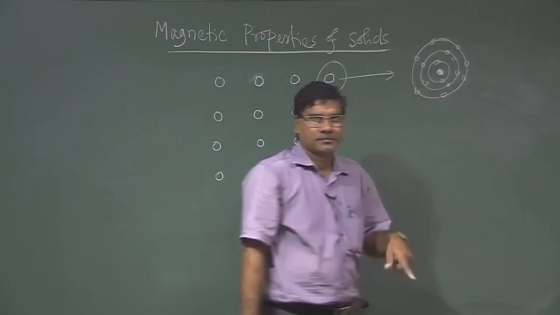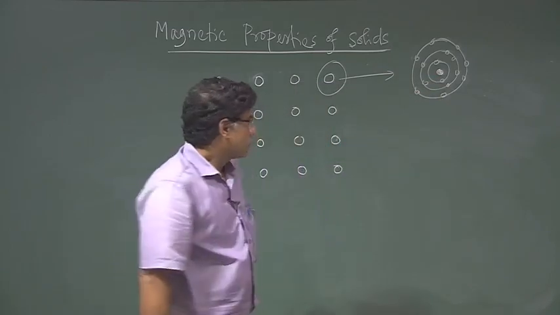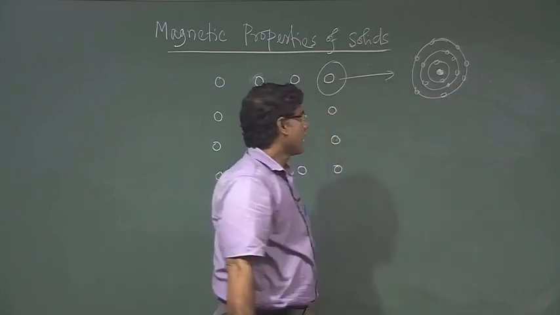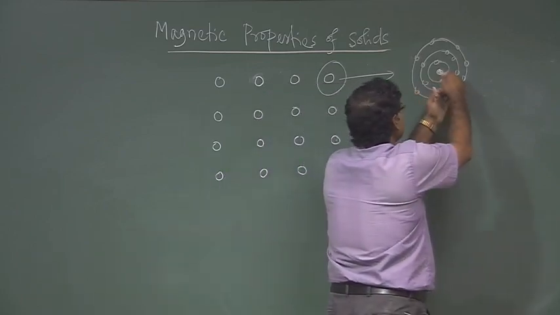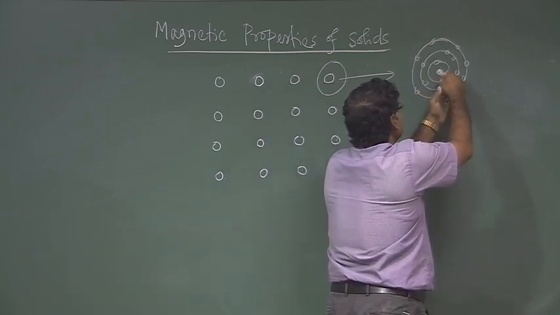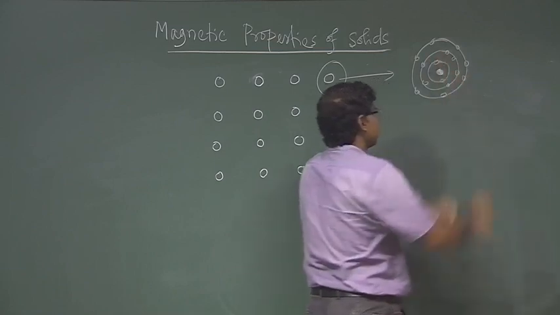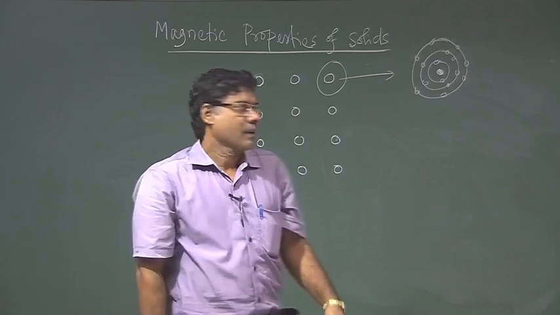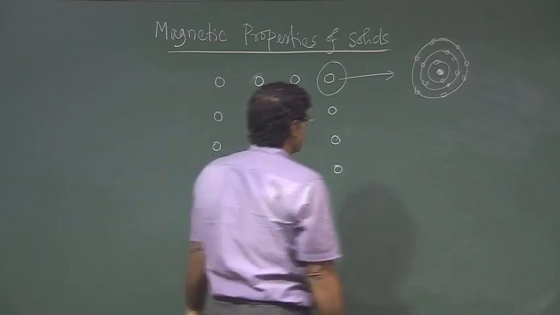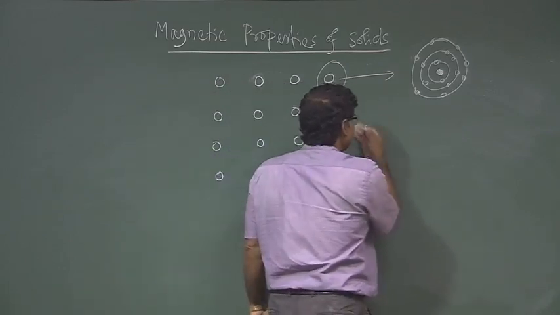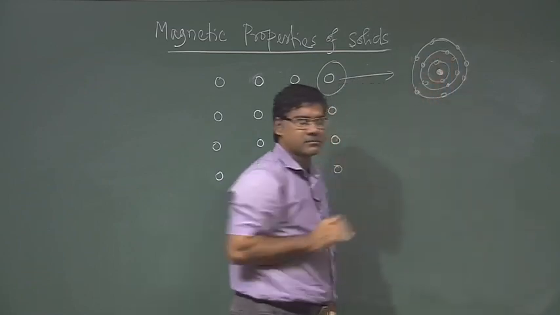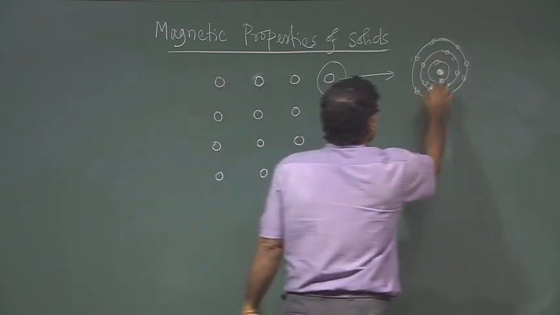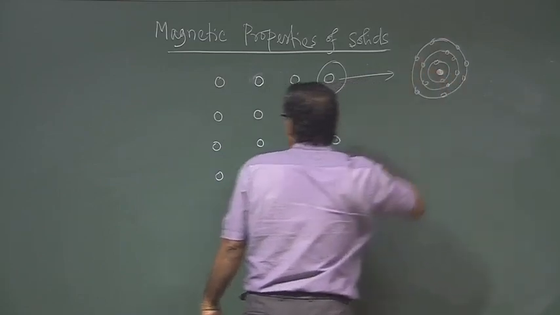So, an atom has a nucleus, and it has electrons in orbit, right. Let us take one electron, just pick up one electron which is rotating in orbit.